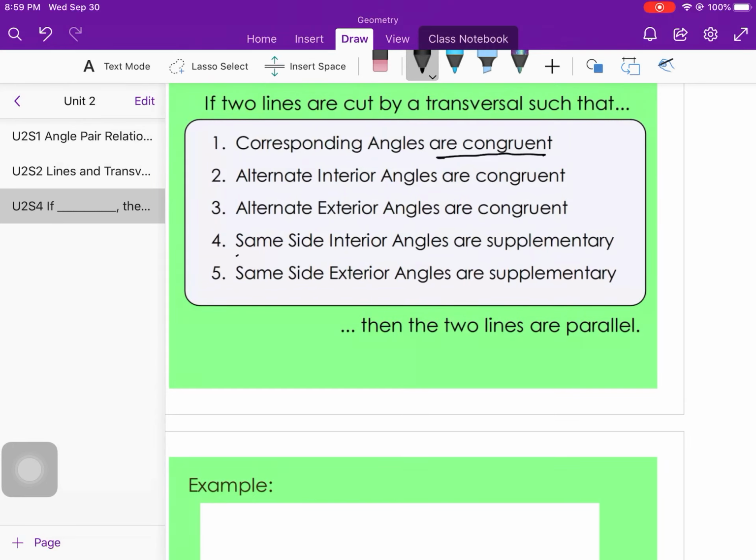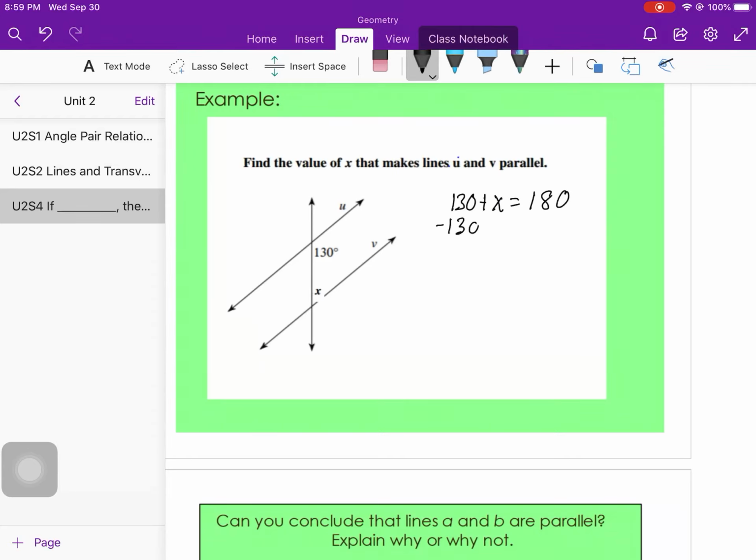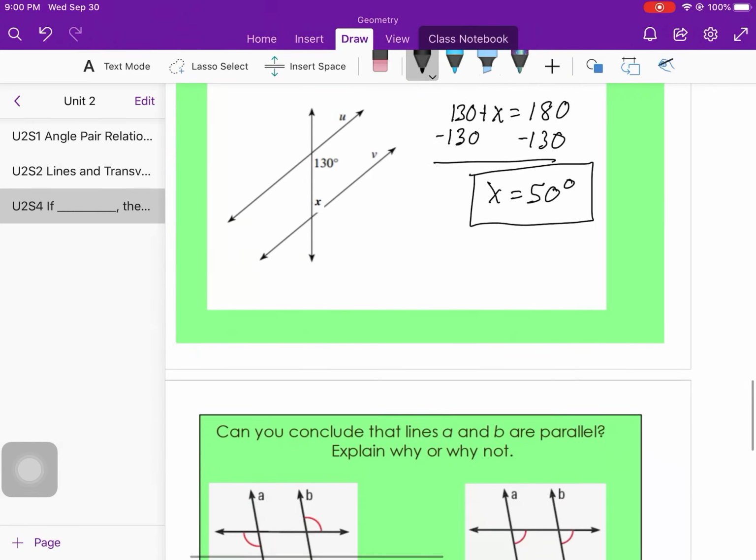So same side interior angles are supplementary, which means to find the value that would make these parallel to each other, we would take 130 degrees plus x, and then together they have to add up to be 180. So then we would just subtract 130, and we get x equals 50. So 50 is the value that would make the lines parallel.